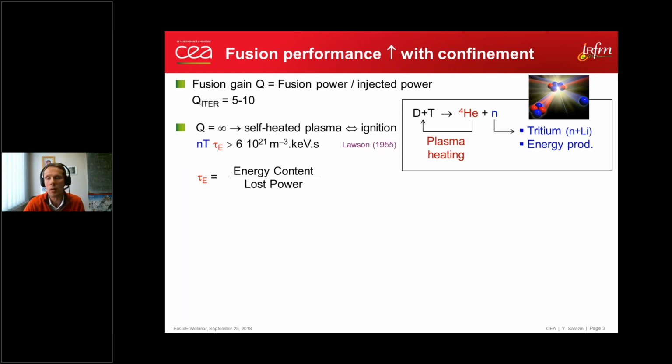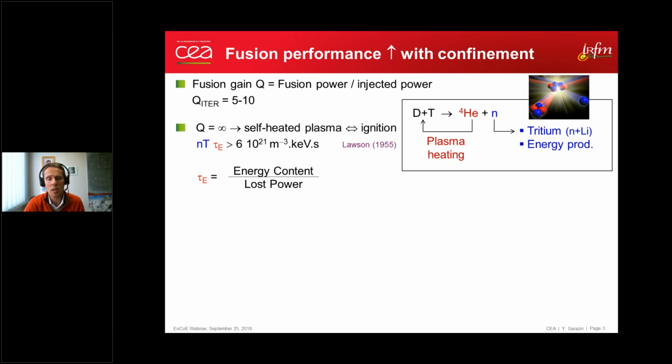the critical temperature. And to reach this, then you have to balance the losses, the thermal and radiative losses, by the heating of the alpha particles.